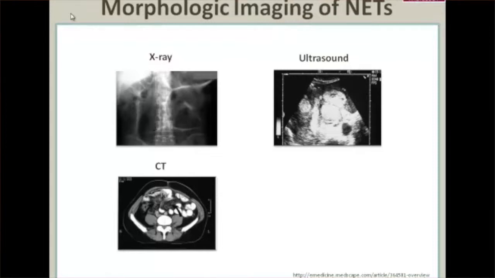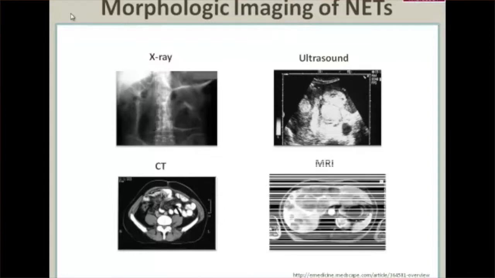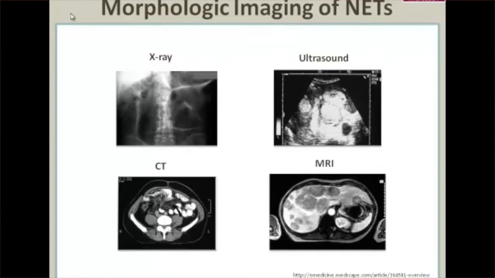Now, the last piece of morphologic imaging we often use is MRI. The great thing about MRI, and I'm going to go into a little more detail about this in a few slides, is that it doesn't use radiation. And for those of you who've had it, it's the loud one. You go into a magnetic field, and somebody will probably ask you 5 to 6 times if you have any metal on you, in your pockets.